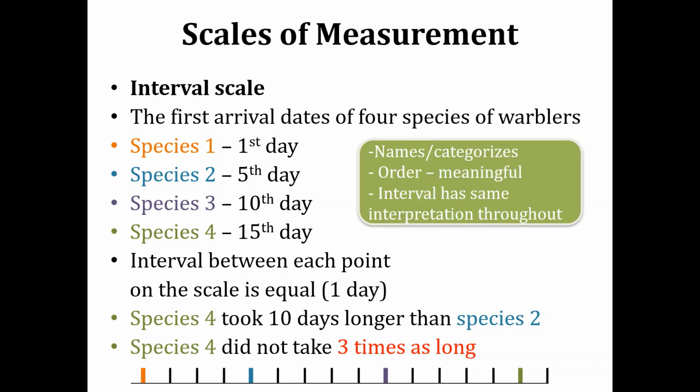So the interval scale involves names or categories, it involves order, which is meaningful, and the interval has the same interpretation throughout the scale. Whatever scale you have, the interval between different units on the scale is going to have the same interpretation throughout. But what is lacking in the interval scale is that it does not have a true 0 point, right? So this is our interval scale, which is the third scale.